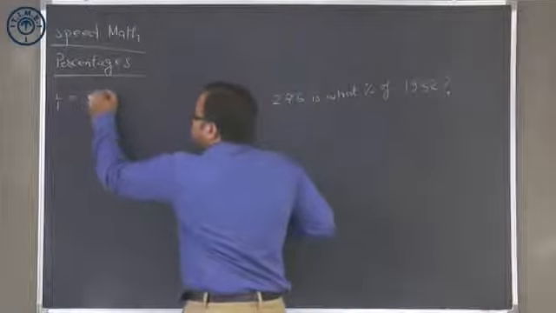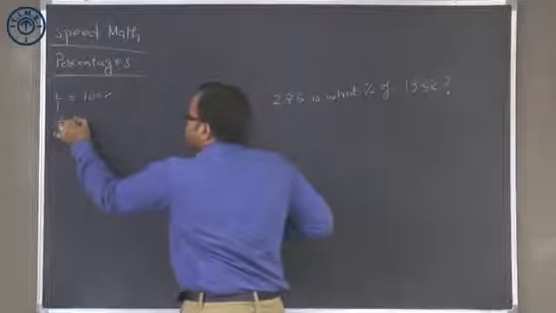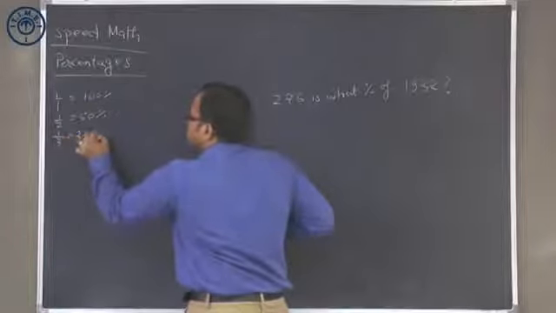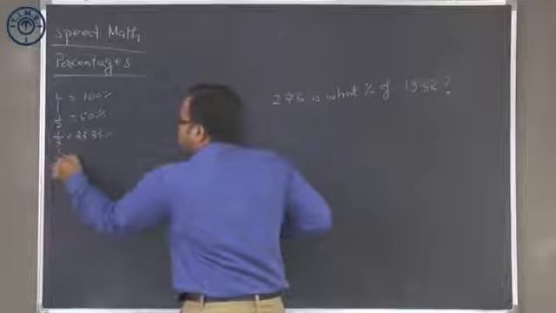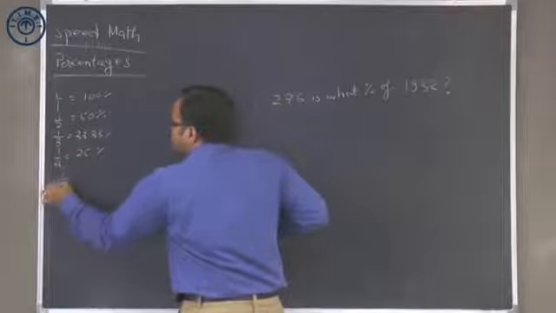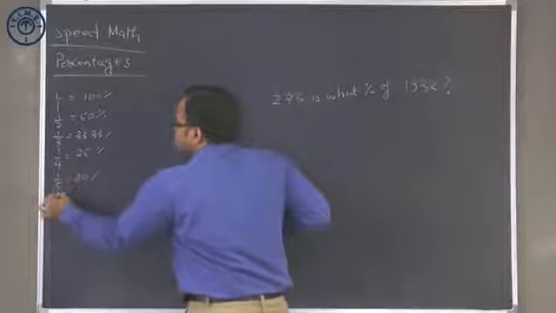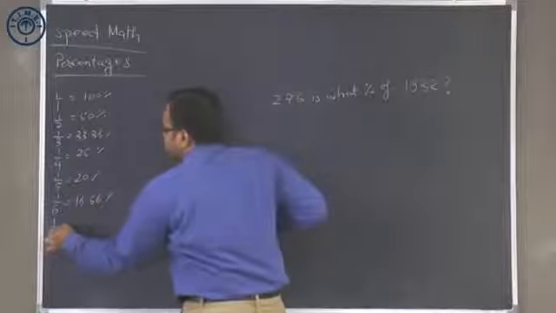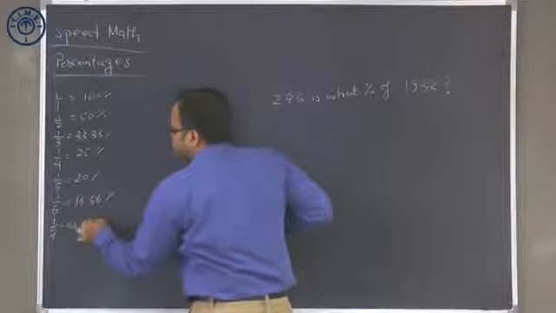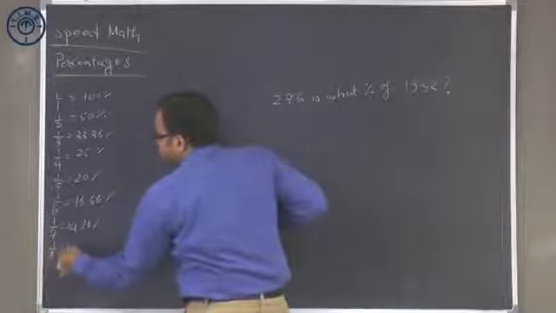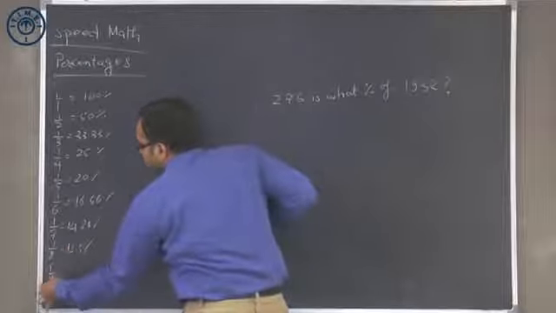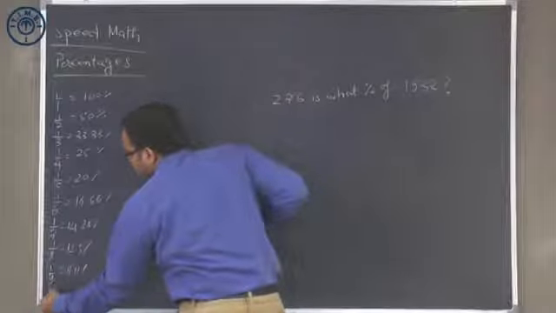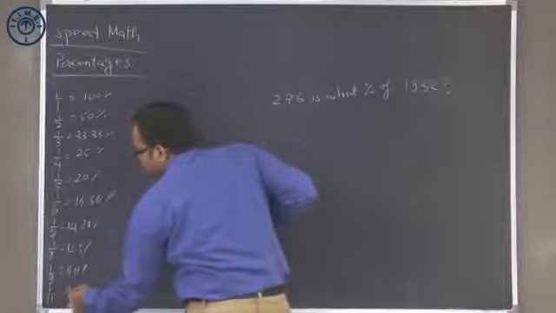1/1 is equal to 100%, 1/2 is equal to 50%, 1/3 is equal to 33.33%, 1/4 is equal to 25%, 1/5 is equal to 20%, 1/6 is equal to 16.66%, 1/7 is equal to 14.28%, 1/8 is equal to 12.5%, 1/9 is equal to 11.11%, 1/10 is 10%, and 1/11 is equal to 9.09%.